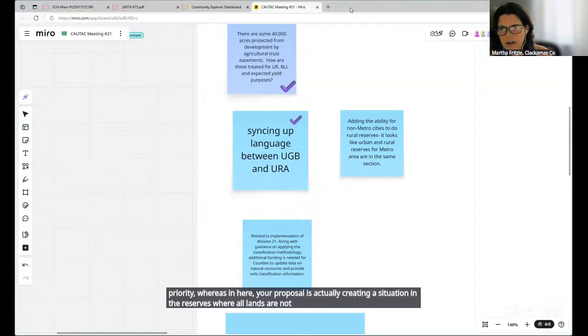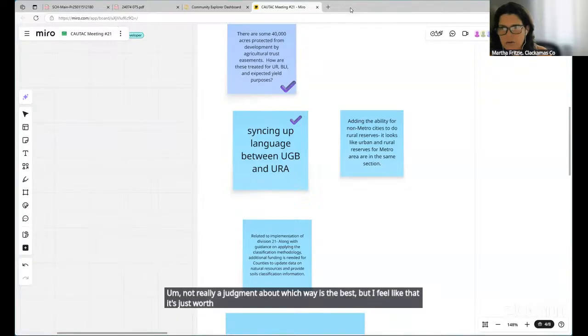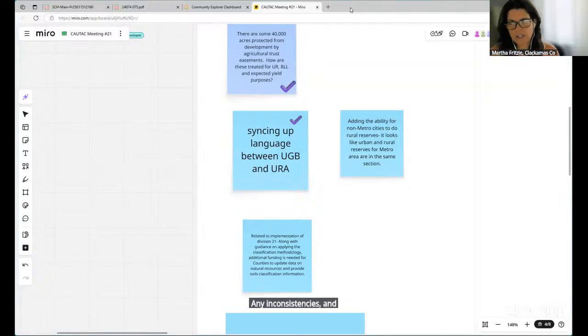You have to go through certain lands first. Not really a judgment about which way is best, but I feel it's worth making sure in the future that however you want this to happen, you're also looking at Division 24 to make sure there aren't any inconsistencies and that there's as much consistency as possible.